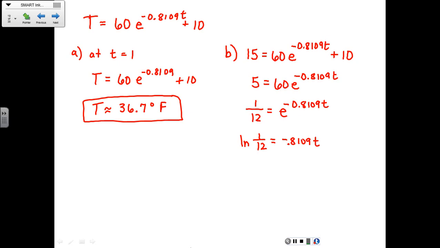So divide by that. T would be approximately 1/12 ln divided by negative 0.8109. What y'all got on that? 3.06. I'll say 3.1 approximately minutes.